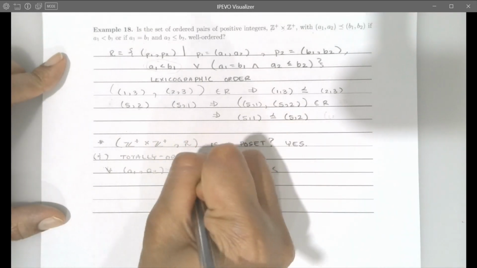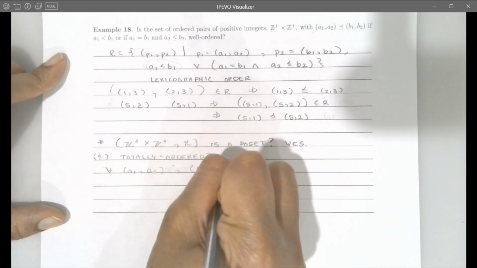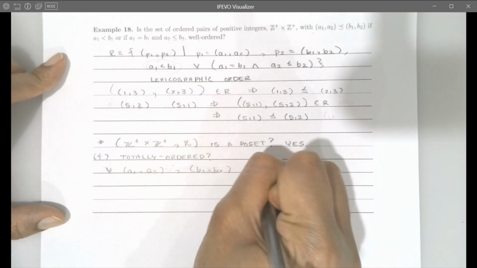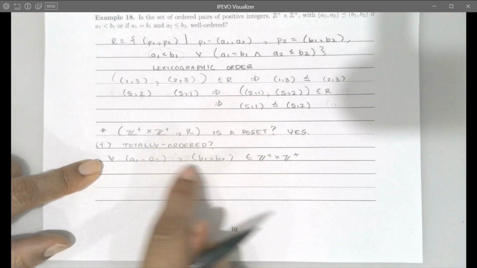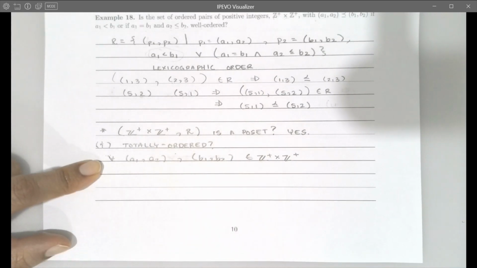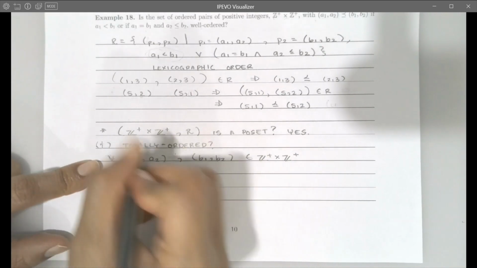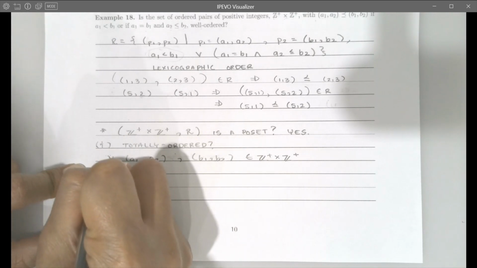So we have two ordered pairs, B1, B2 would be the second one. Are these two elements going to be comparable? Well, let's see what type of situation we can encounter.